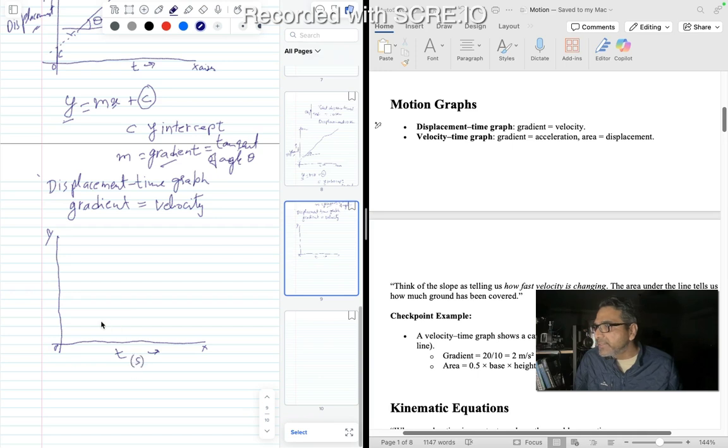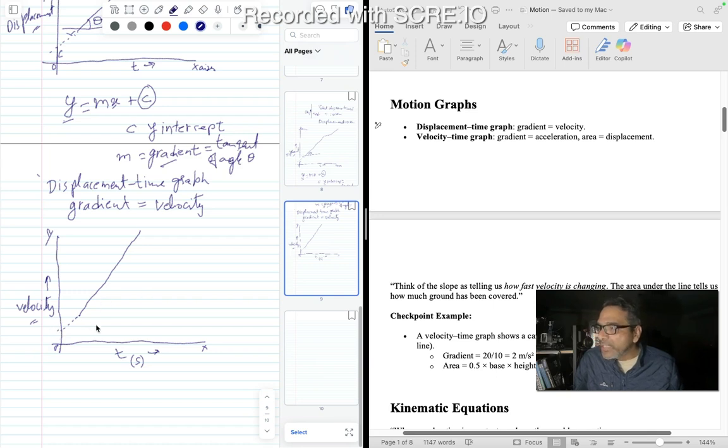And in our velocity time graph, the y-axis will be representing the velocity. Again, it will be gaining, right? We do have this y-intercept, right?